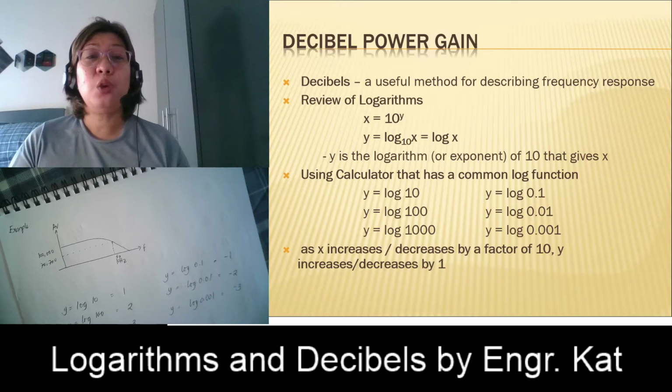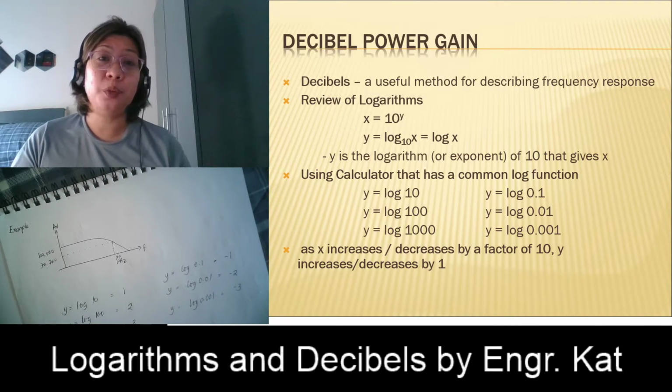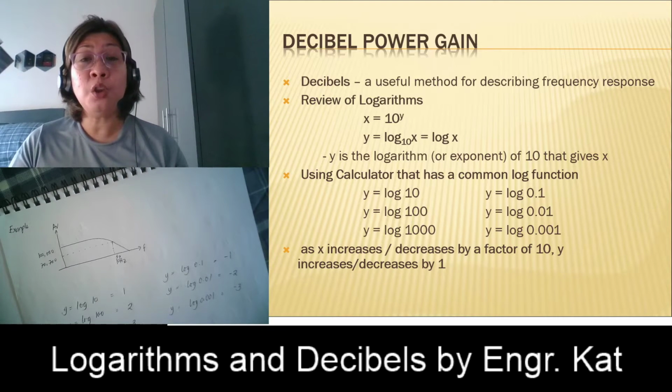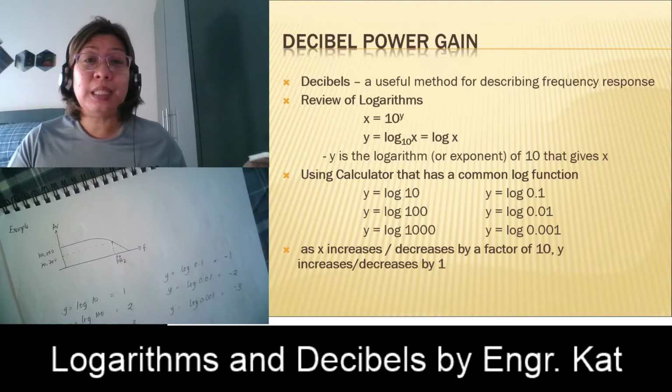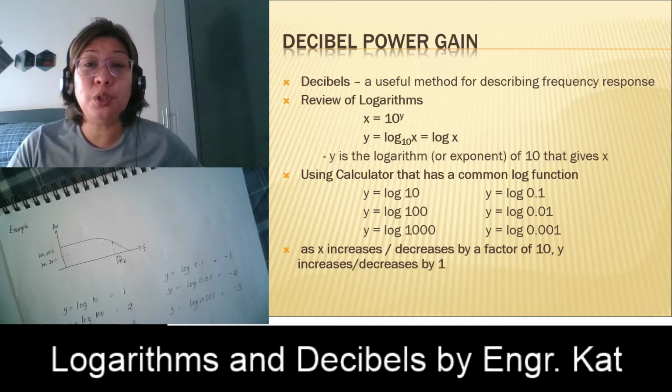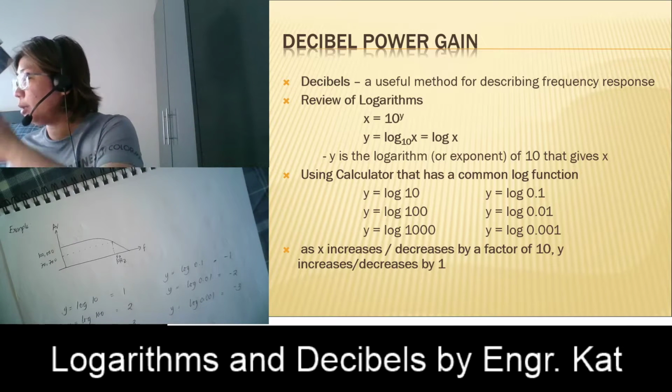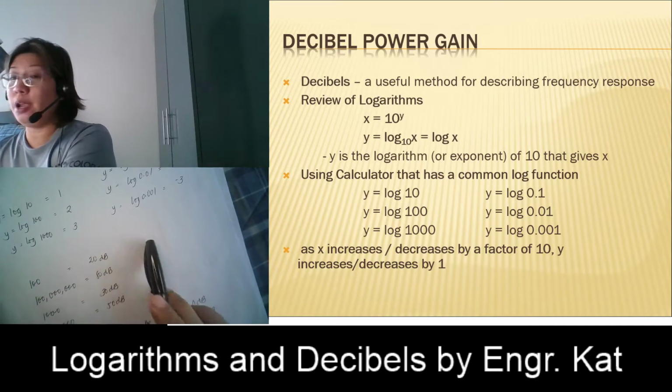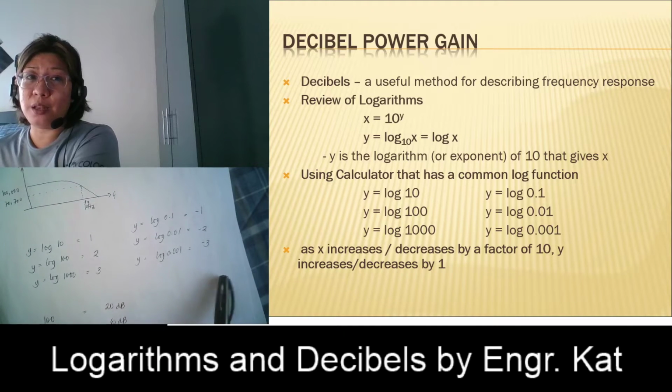You can just count your zeros. 10 has one zero, so that is 1, two zeros is 2, three zeros will give you 3. So this is the same. The only difference here, class, is you get a negative value. We have the answers here, and in here you just get a negative value.